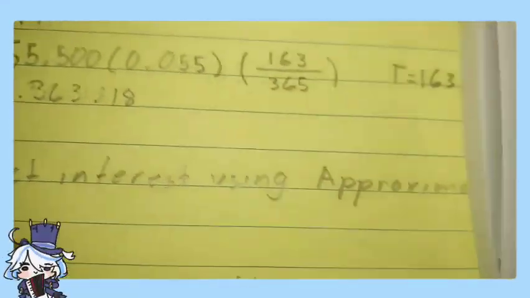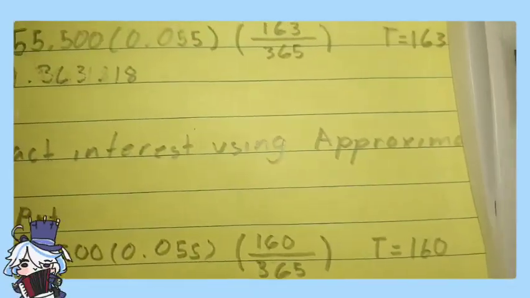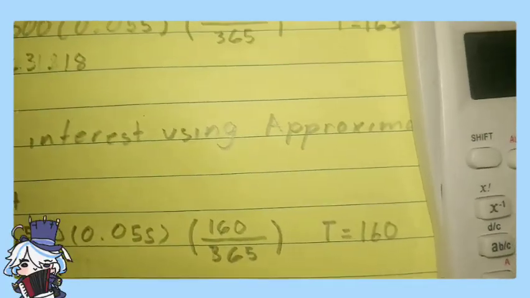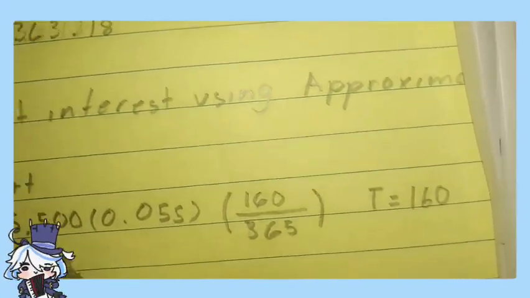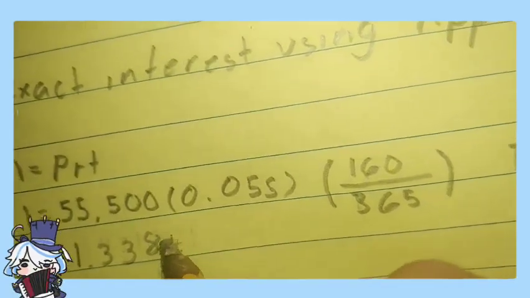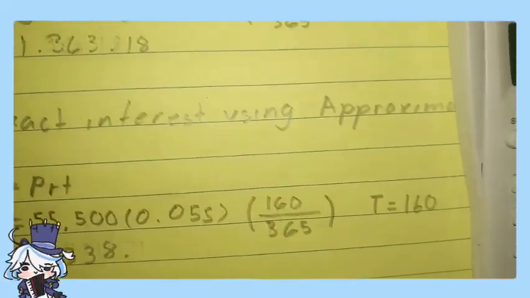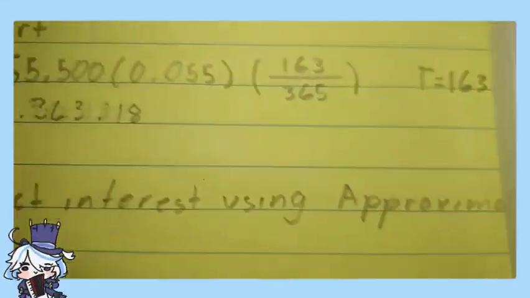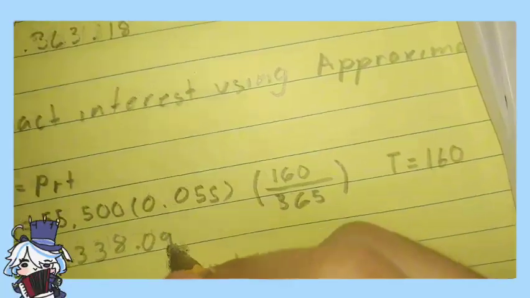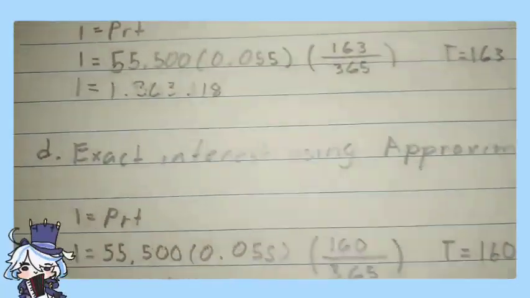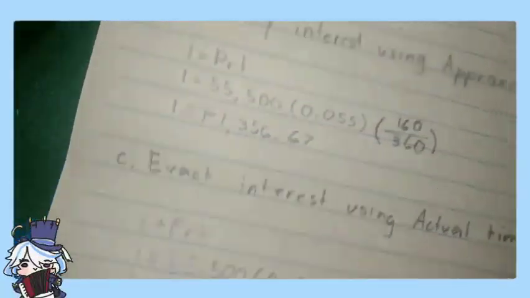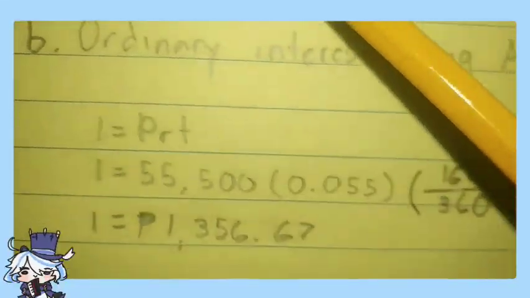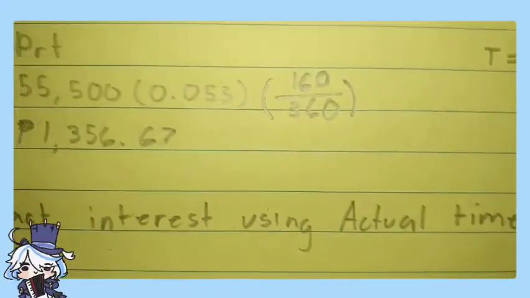So our sagot is 338.09. So what we notice here is the ordinary interest in actual time will always have a higher number than approximate time.